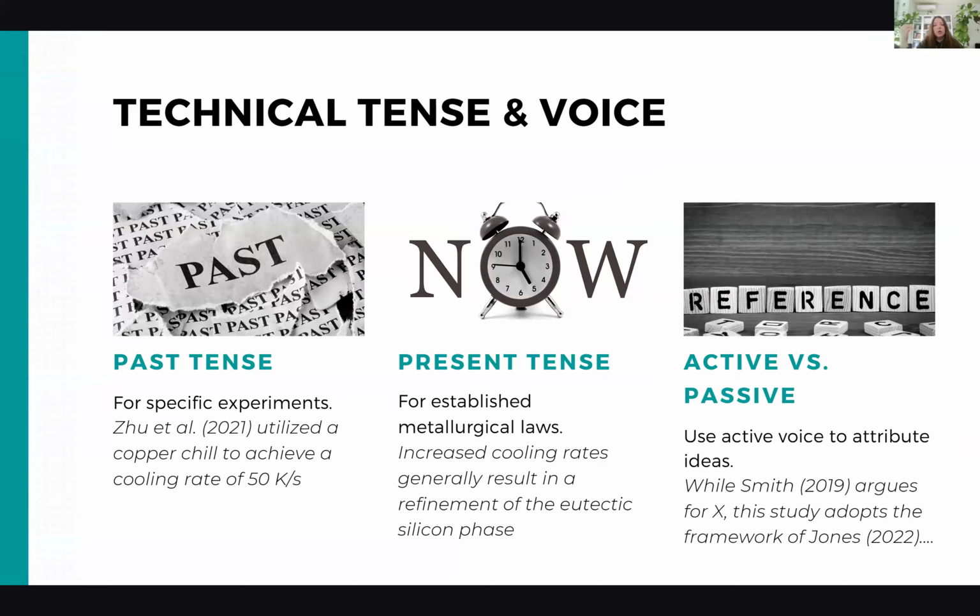If you are just describing some established laws, some established practices, or accepted opinions, you can use the present tense. For example, increased cooling rates generally result in a refinement of the eutectic silicon phase. So as you can see, this sentence is written in present tense.